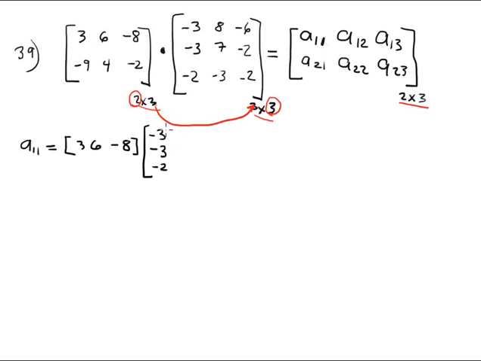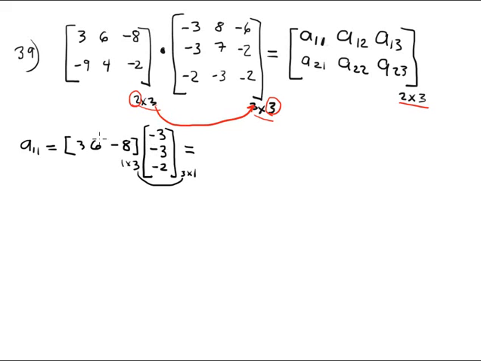Let me analyze the dimension again. This is 1 by 3, this is 3 by 1, so it's matching, and the answer is 1 by 1, which is just a scalar, just a number.